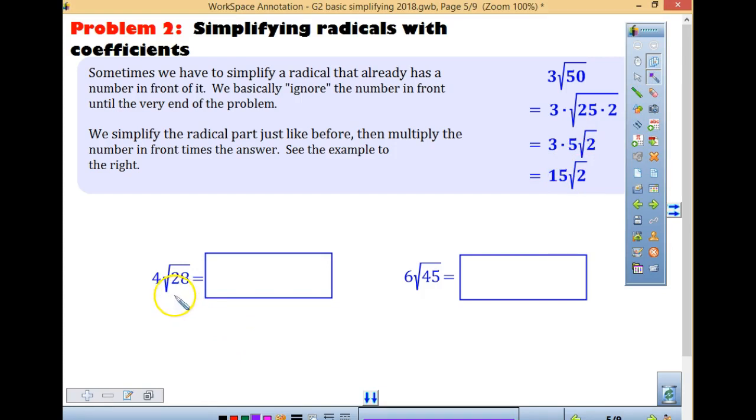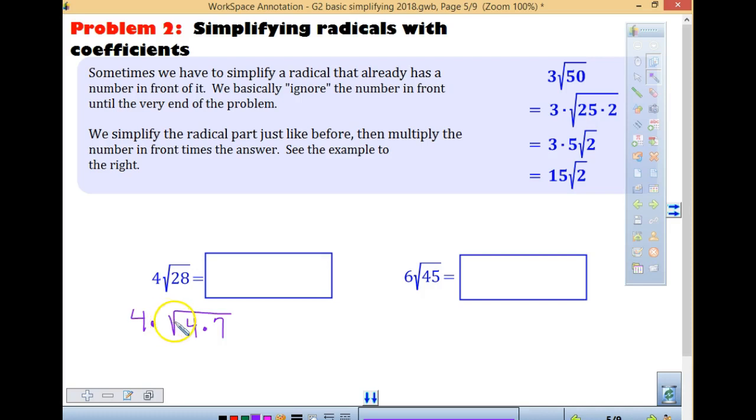So if we are looking at this, it's really written as 4 times the square root of 28. What is a perfect square that goes into 28? So we're going to have 4 times 7. You see how it can't be 16?